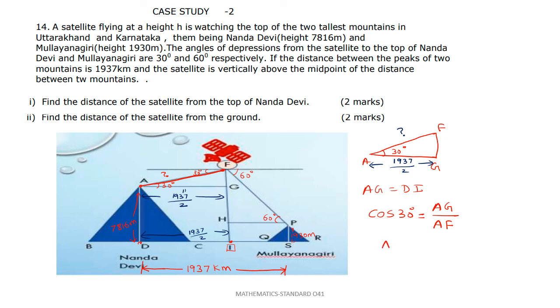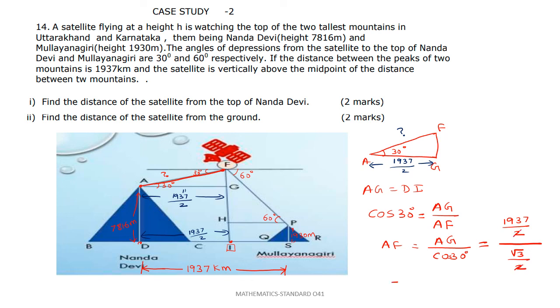So I want what is AF. So AF is AG by cos 30, where AG is 1937 divided by 2 and cos 30 is root 3 by 2.